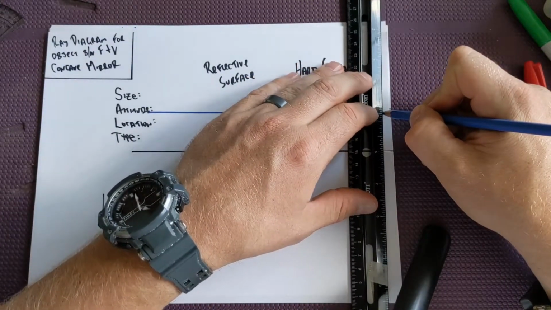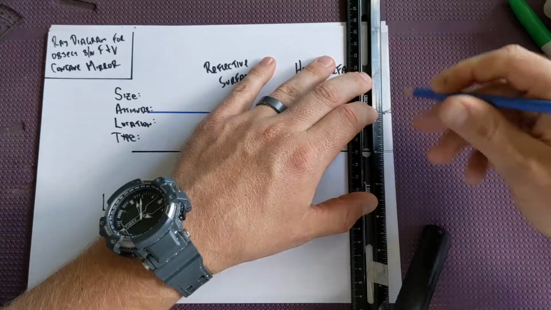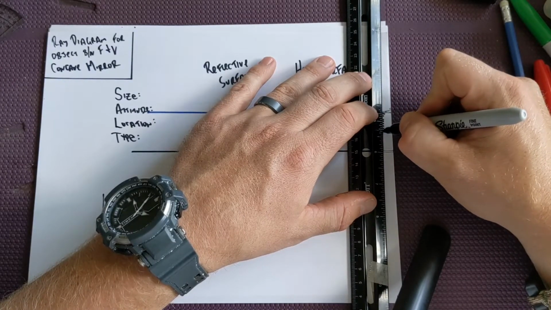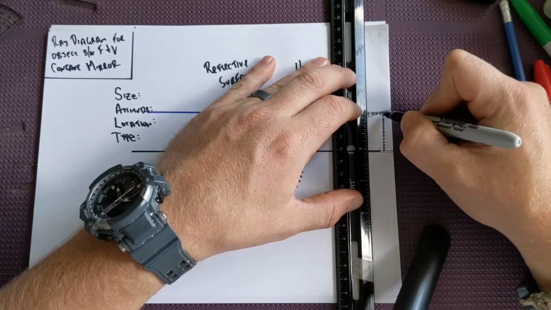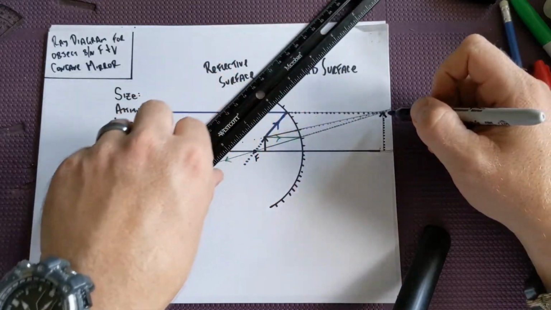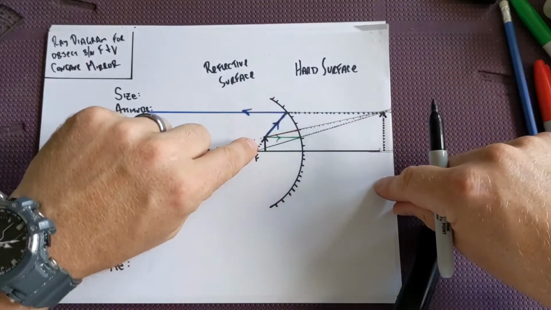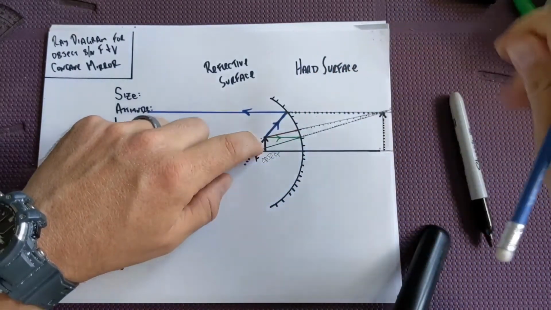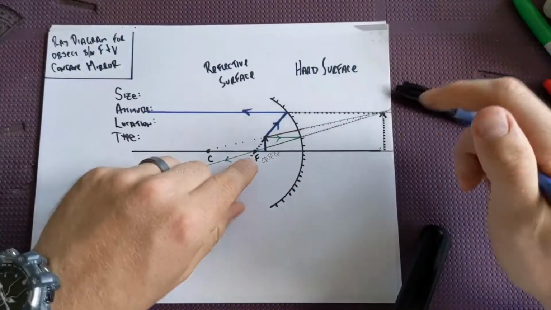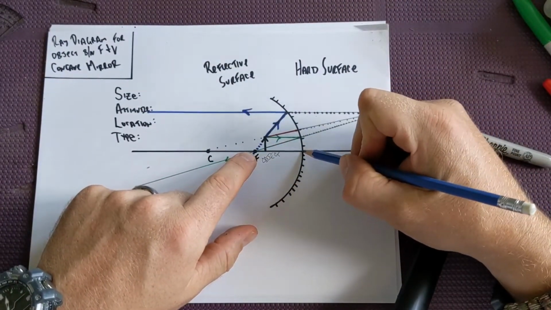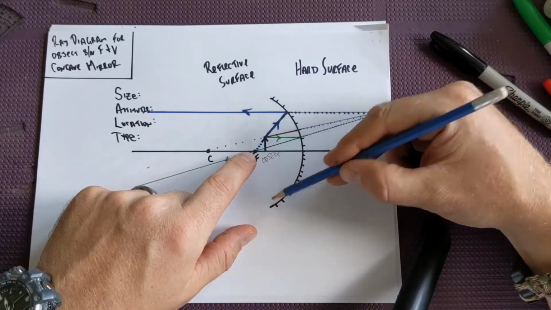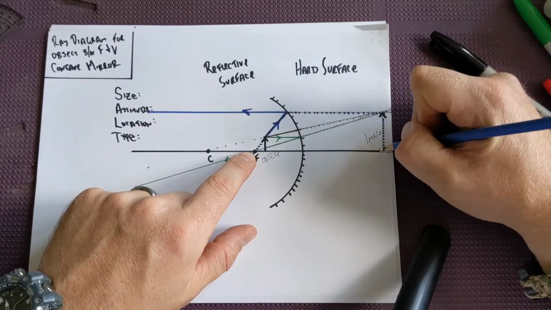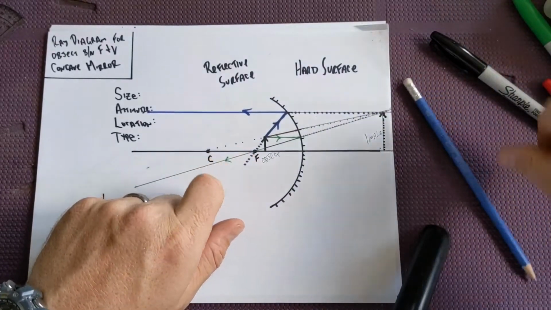And then where all three rays intersect, I'll use my black marker and put some dots to show that if we had an object over here, anywhere between the focal point and the vertex, it would appear as if the image were back here behind the mirror. Okay?